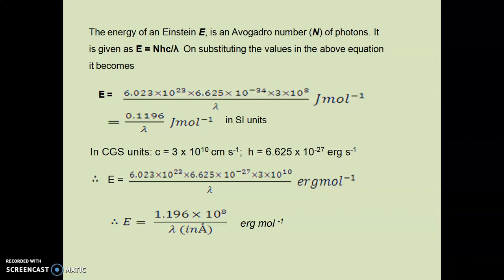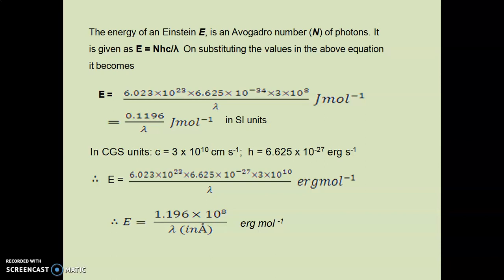Now if you have to calculate the value of energy in CGS units, then substitute the velocity of light, that is 3 × 10^10 centimeters per second, and h, the Planck constant, whose value in the CGS system is 6.625 × 10^-27 erg seconds.